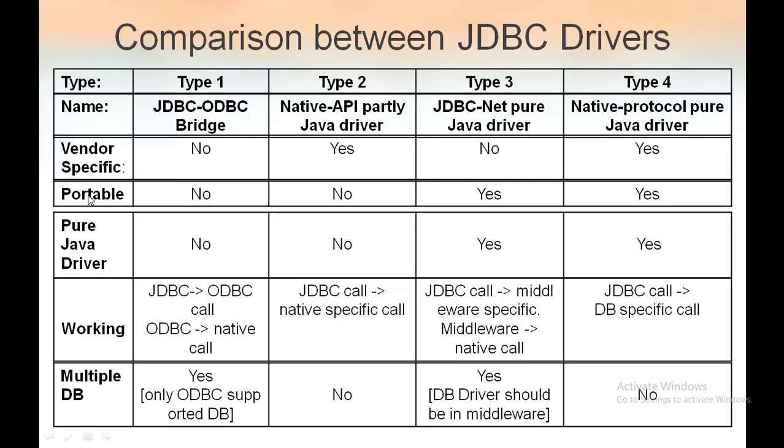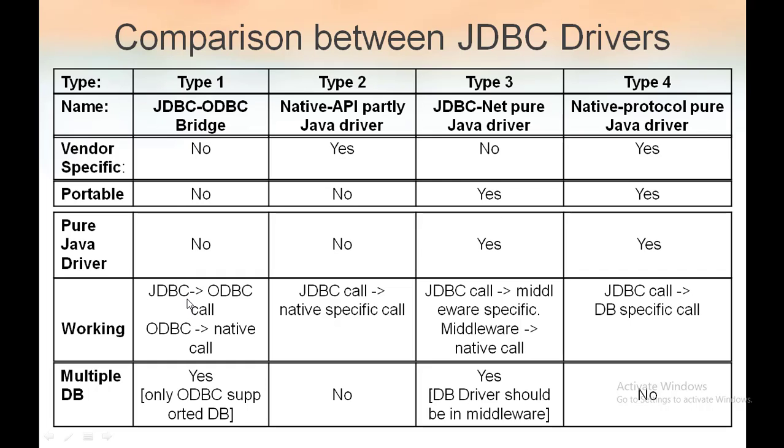Second is portable. Type 3 and 4 drivers are portable; type 1 and 2 drivers are not portable. Pure Java driver: as I said, type 3 and 4 are portable, which means type 3 and 4 are portable and pure Java drivers.